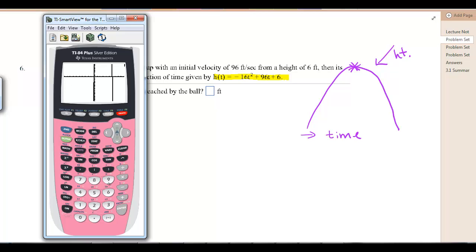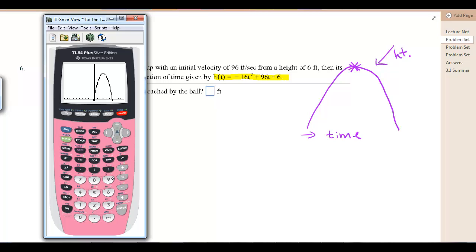I need to do a zoom 6 and get back to standard. Okay, so I'm going to need to change that window. Let's make the Y max about 200. I think that's what I'm going to need.